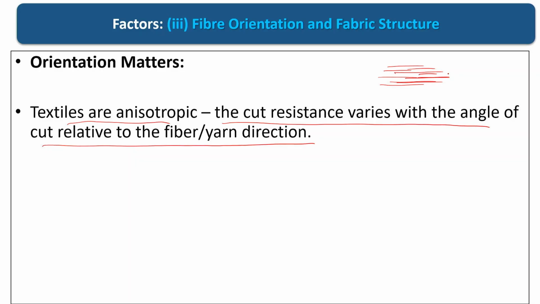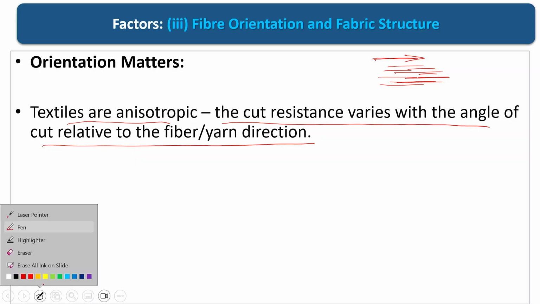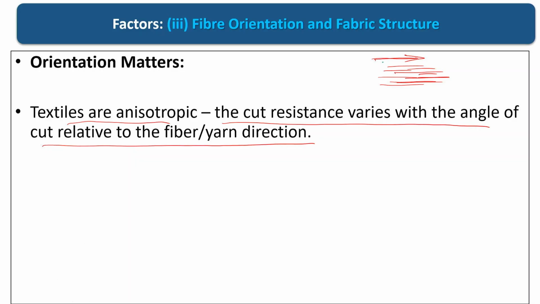Now, if our cutting direction is in this direction, if the blade cutting is along the orientation of the fiber, then it will be difficult to cut, because the area of obstruction will be very high.